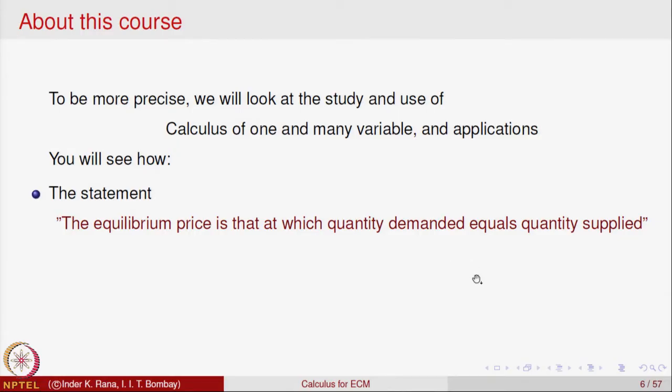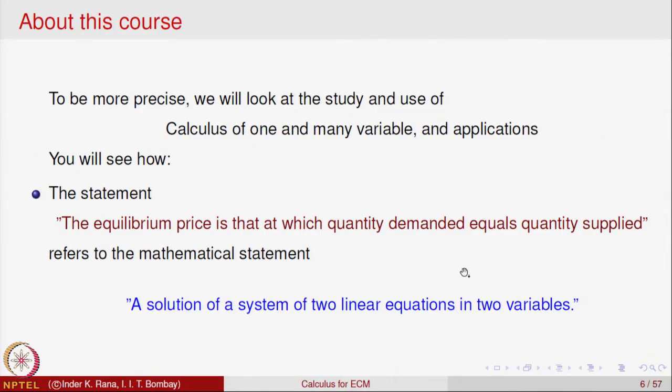That is what is called equilibrium in economic models, and this refers to the mathematical statement of a solution of a system of two linear equations in two variables. So, that is how the mathematical problem arises out of it and can be solved.